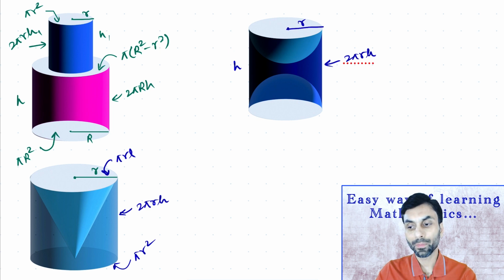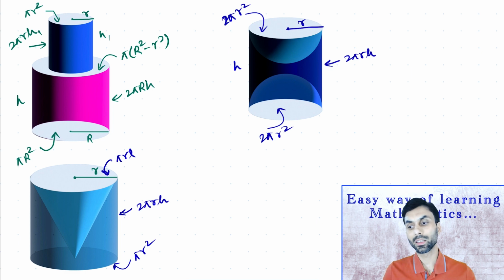The area of the base will be 2πr² and the area of the top will also be 2πr². So in order to find the total surface area of this object, we'll have to add 2πr² plus 2πRH plus 2πr².